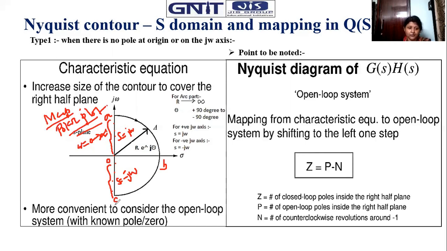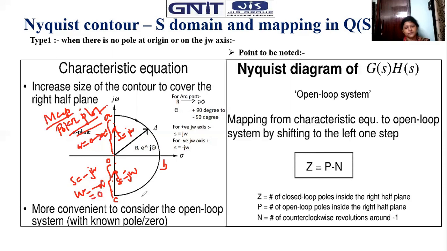That's why we consider the contour as a whole right hand side and the imaginary axis. For this mapping technique, we can divide the contour into different parts, starting from the origin to A. This is the A part.